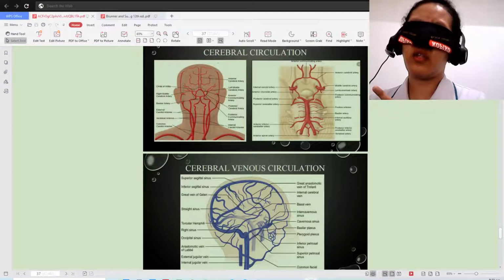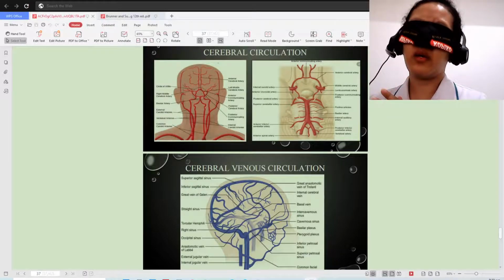Then the network of the sinuses carries venous outflow from the brain and empties into the internal jugular veins, then returns the blood to the heart.